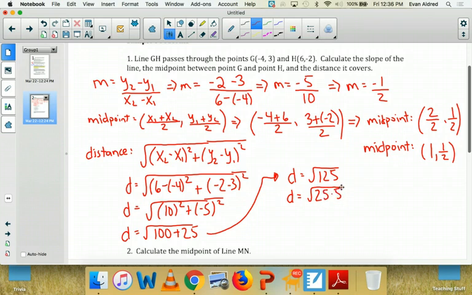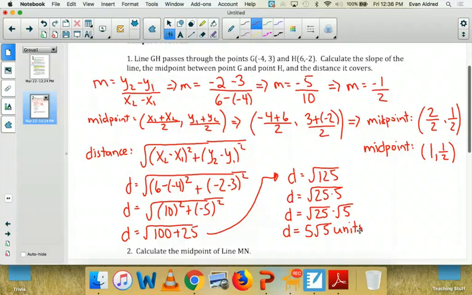In fact, it's the biggest perfect square that does, and it goes in 5 times. So we end up getting square root of 25 times 5, which is the square root of 25 multiplied by the square root of 5. So our distance here is 5 root 5 units. There are no units given, so for distance you write u or you write out the word units.